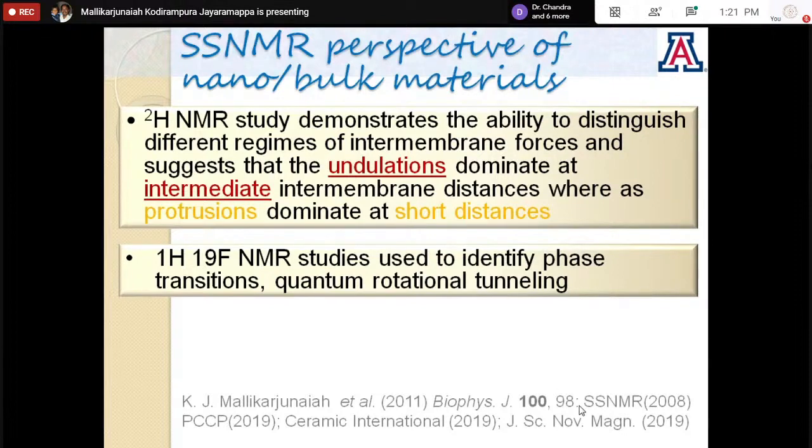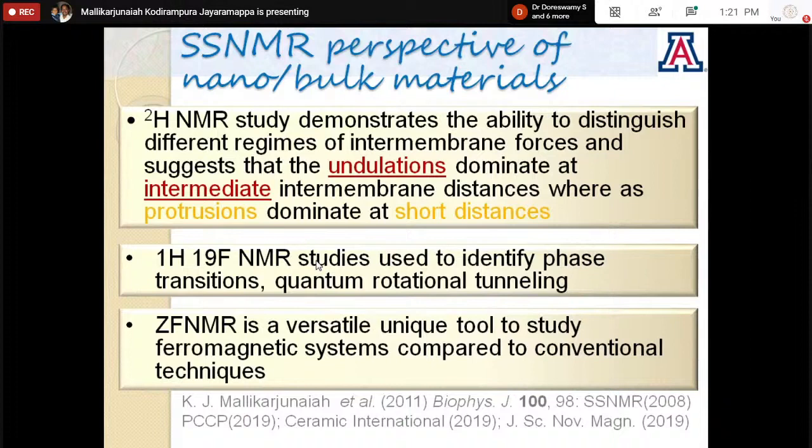At the same time, undulation forces and protrusion forces can be distinguished using solid state deuterium NMR, and using proton and fluorine NMR studies, we were able to identify the phase transitions and quantum rotation tunneling.